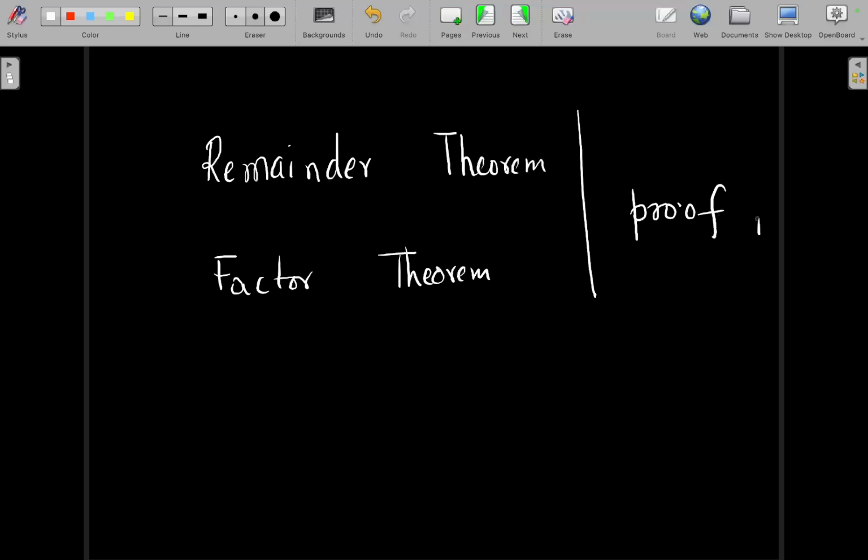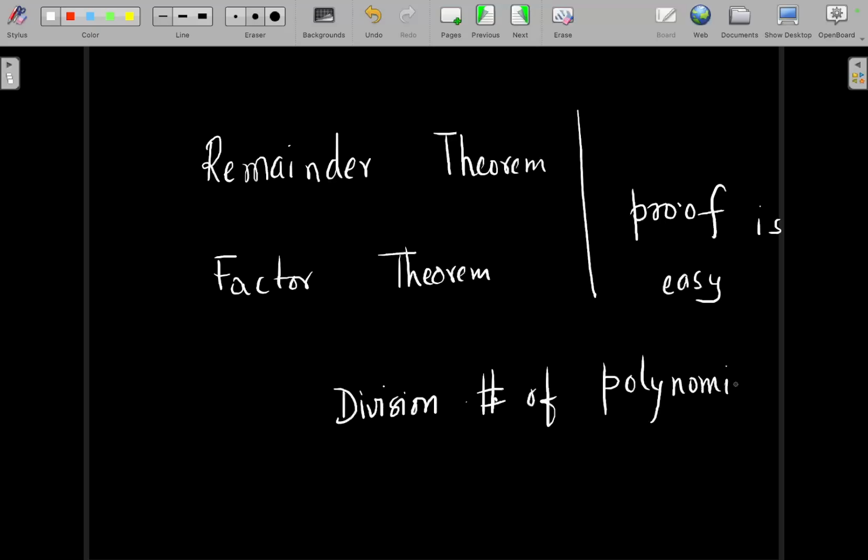Proof is easy, and the only thing that you need to know for the proof is the division of polynomials, which was basically this lesson. And you can definitely take the help of your teachers to become a master of this.